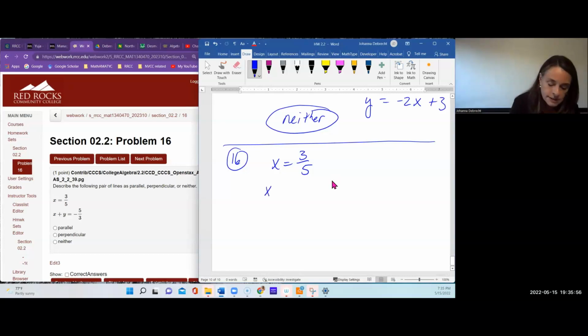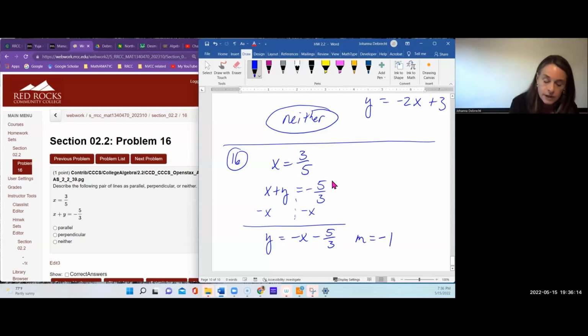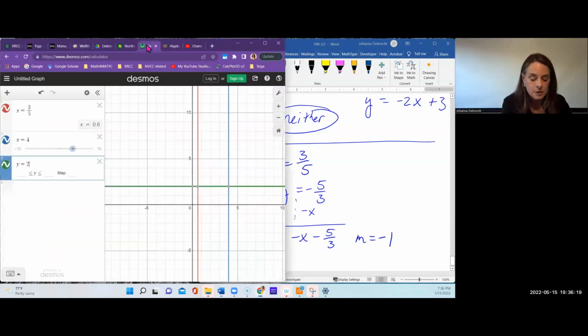When we look at this second equation, we can solve it for y to put it in slope-intercept form by subtracting x from both sides of the equal sign. That gives us y equal negative x minus 5/3. The slope here is negative 1. What's the slope of the vertical line? Well, let's look back at Desmos. When I'm on this line, notice that there is what we call rise. It does move up from one point to another, but it doesn't have any run.